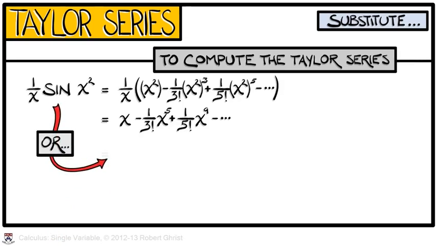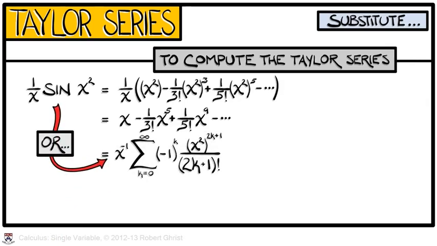Another method for obtaining the same answer would be to take the full summation as k goes from 0 to infinity of -1 to the k times x squared to the 2k plus 1 over 2k plus 1 quantity factorial.